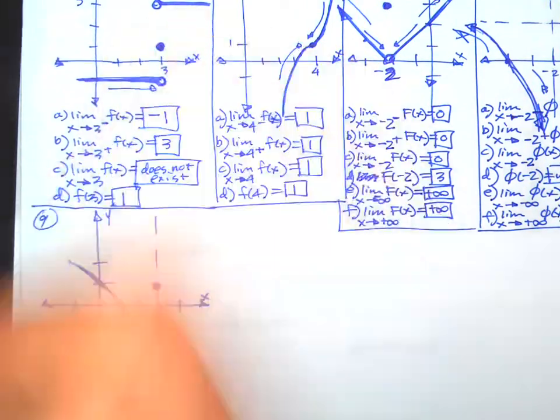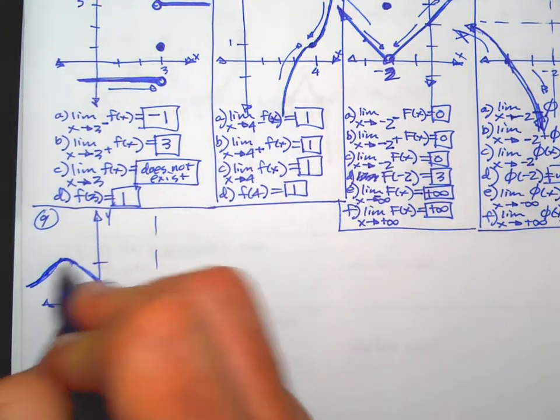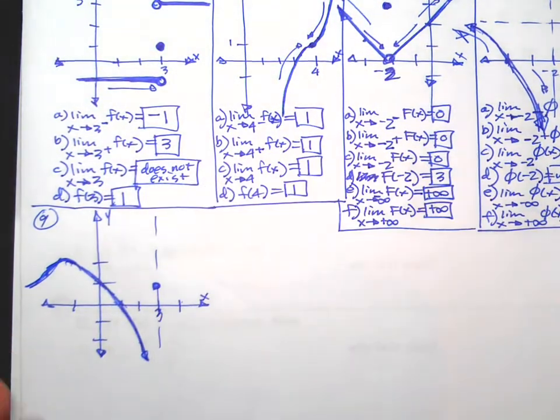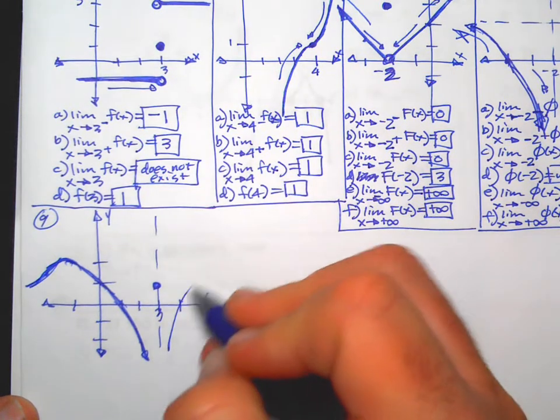And over here, looks like it's kind of going like this. Maybe like it's going towards a horizontal asymptote. And then over here, it's going like this.